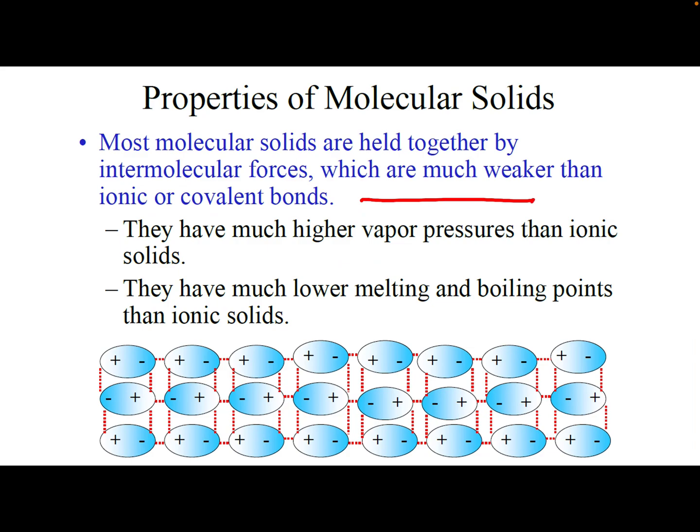Much weaker forces lead to higher vapor pressures, which we'll talk about later in this lecture as well. But molecular solids are going to have much lower melting and boiling points than ionic solids. So if you took sugar, which is a molecular solid, and salt, which is an ionic solid, the salt would melt at a much higher temperature than the sugar.